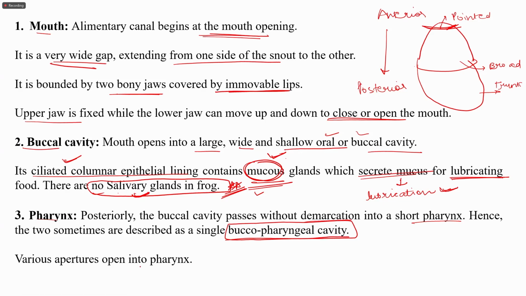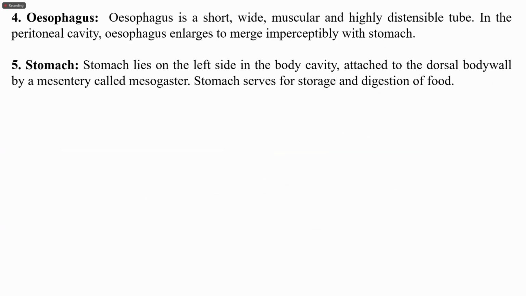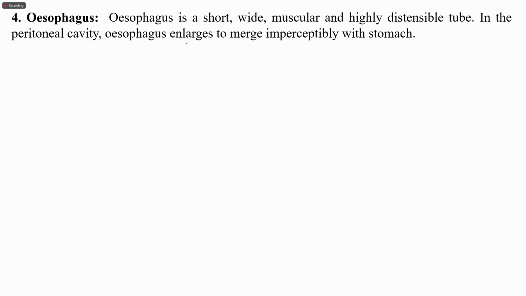So various apertures open into this pharynx, and then the food from the pharynx passes to the esophagus. The esophagus is a short, wide, muscular and highly distensible tube.